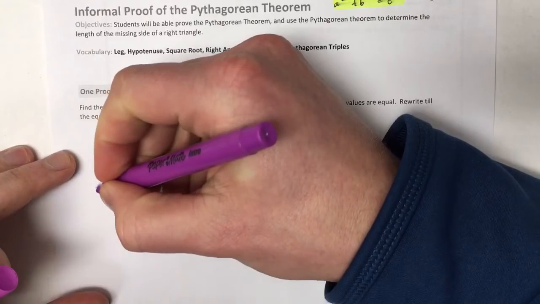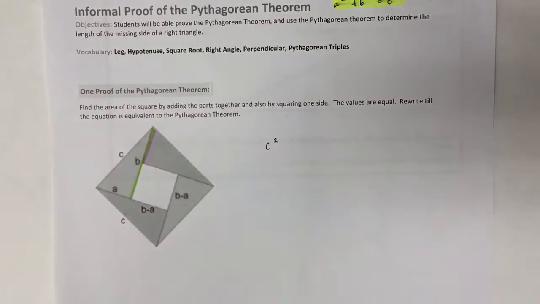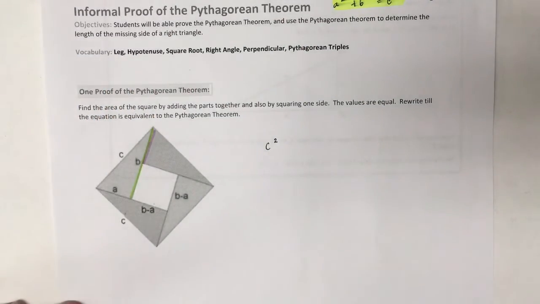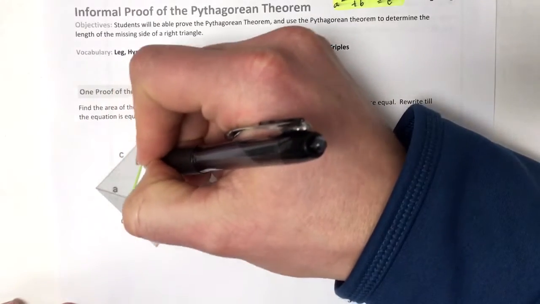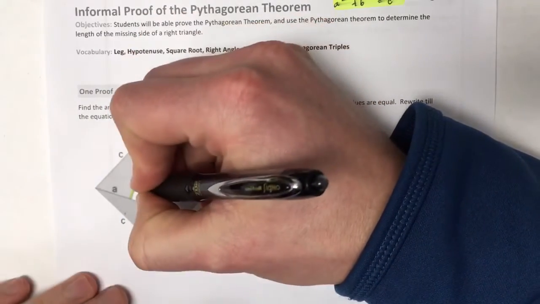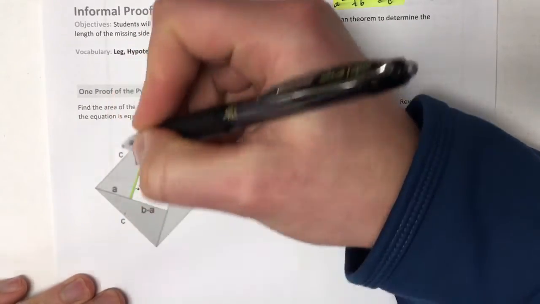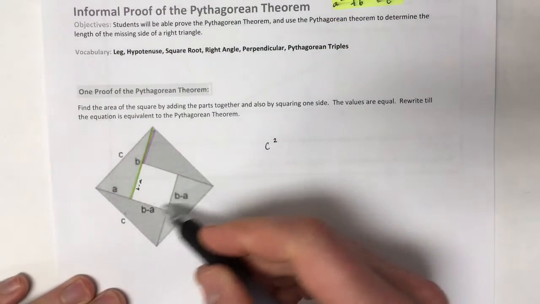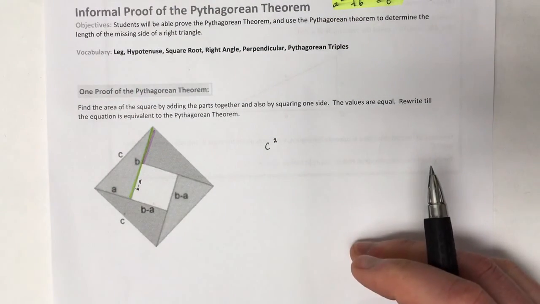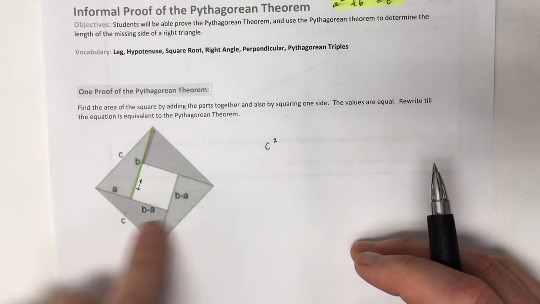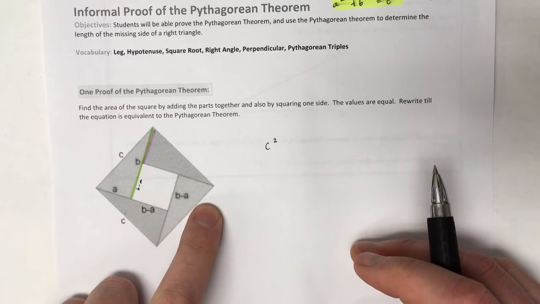So these little bases of each of the right triangles are a, and this little section where I don't have the purple marker is b minus a. You can see the b minus a in each of the two spots. I just wanted to make sure we understood exactly how I got b minus a.